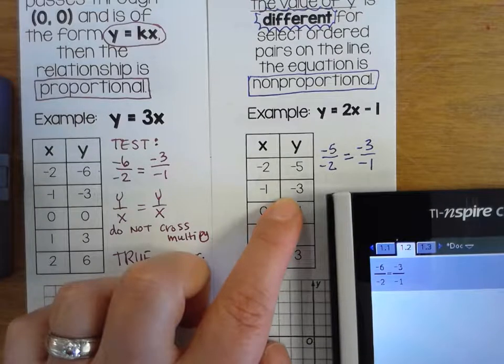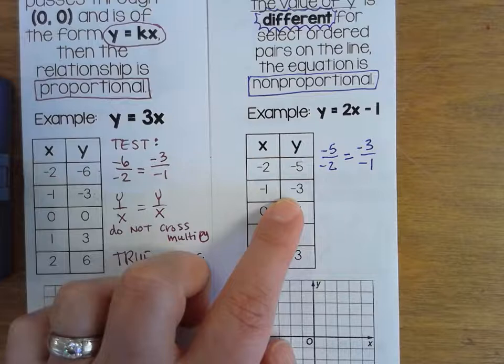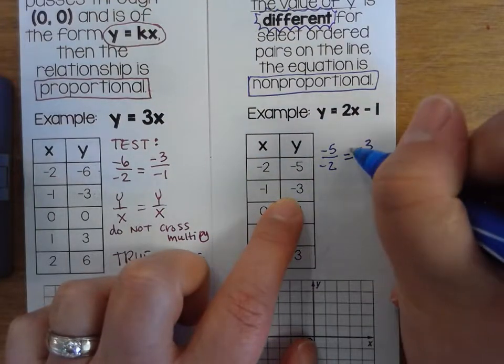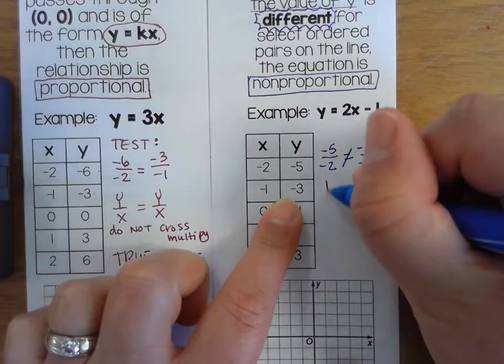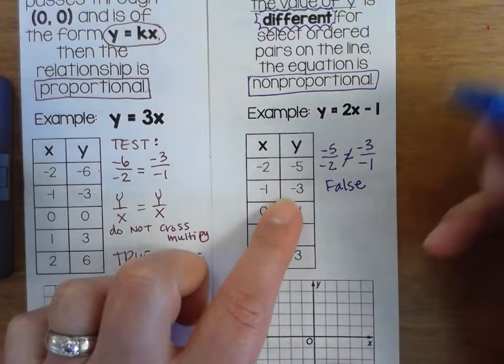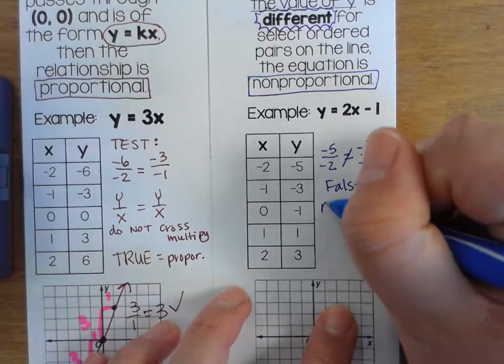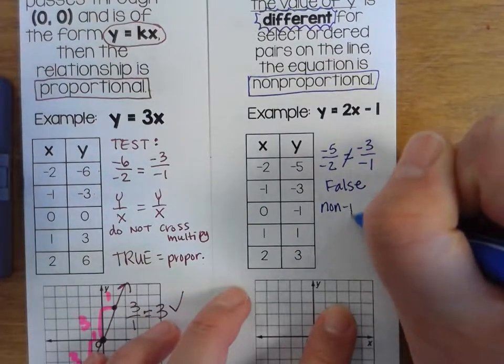So control divide gets me a fraction. Negative 5 over negative 2, is that equal to negative 3 over negative 1? And when I hit enter, it tells me it's false this time. So that tells me they are not equal to each other and that it's false. So that means it is non-proportional.